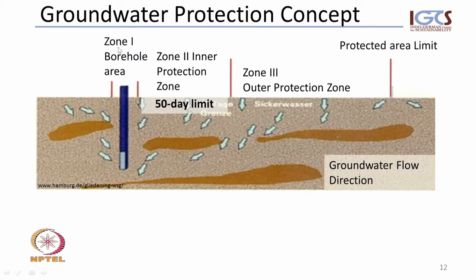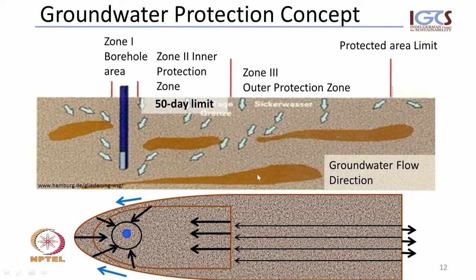So what we see is that these zones extend upstream of our groundwater flow direction, and very much depend on how fast this water is moving from the infiltration point towards our abstraction. You can imagine that this is influenced by the amount of water that has been taken, abstracted, pumped from such a borewell.